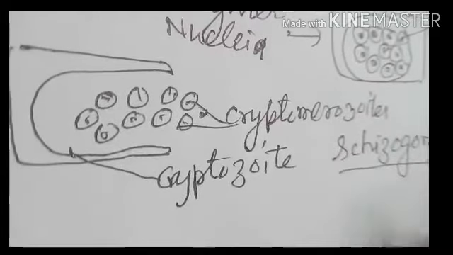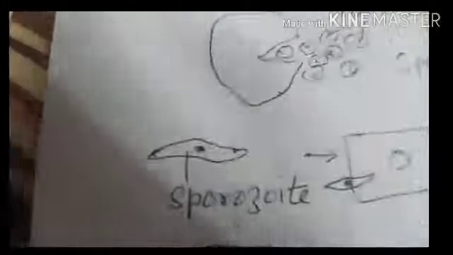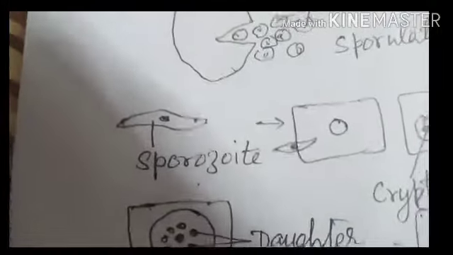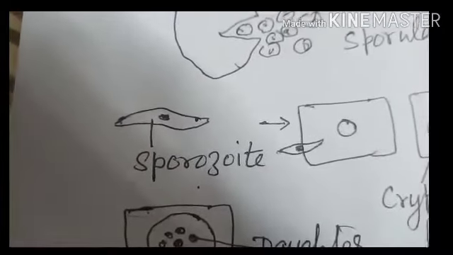It will occur inside the liver of a human being. This is a type of asexual reproduction in the case of Plasmodium, which is a parasitic protozoan which enters the body of a human as sporozoites.